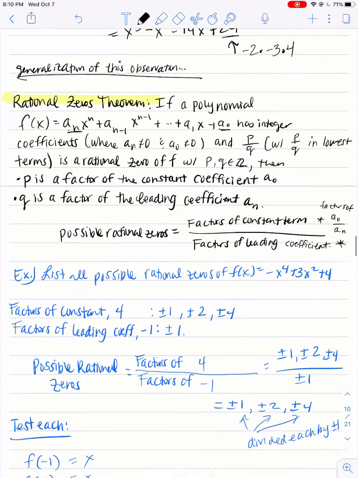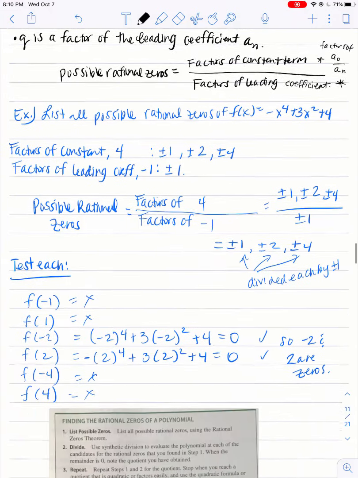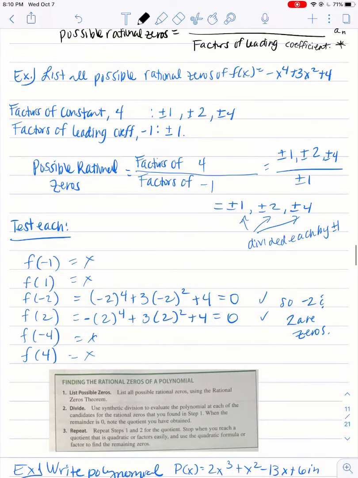In this example, we're going to list all possible rational zeros of negative x to the fourth plus 3x squared plus 4. We list the factors of our constant 4: plus or minus 1, plus or minus 2, and plus or minus 4. Then we list the factors of our leading coefficient of negative 1, which are plus and minus 1.